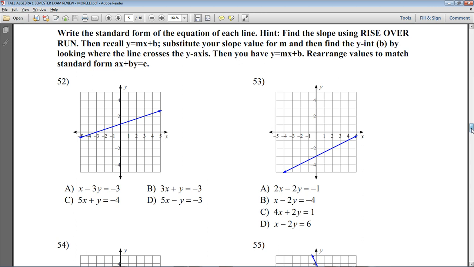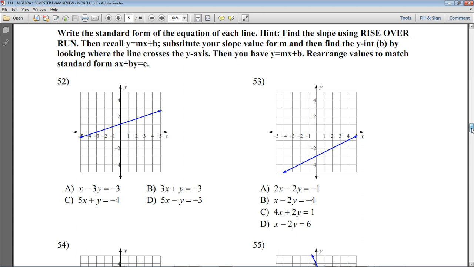0, 1, 2. I'm changing the scale on this graph, so I've got to be careful here. Negative 1, negative 2, 1, 2, 3, and then negative 1, negative 2.